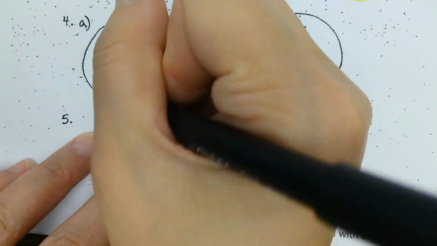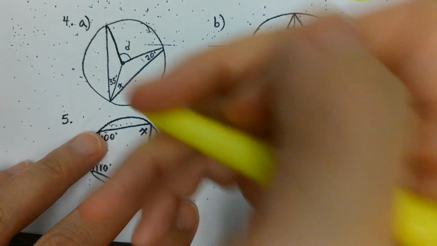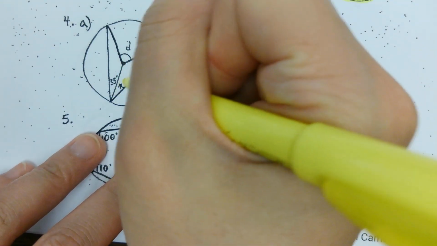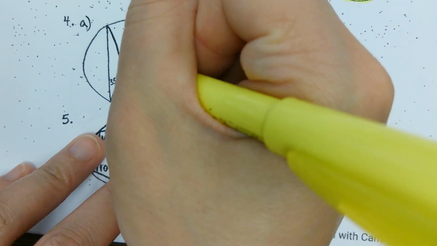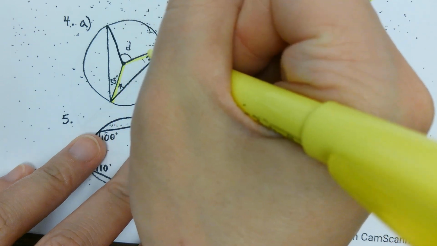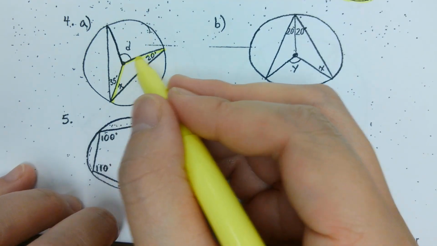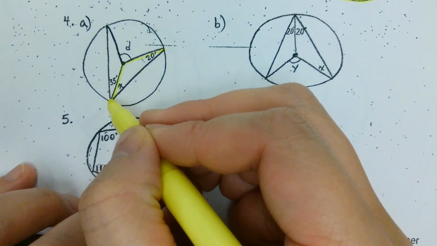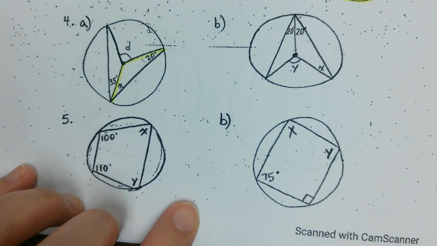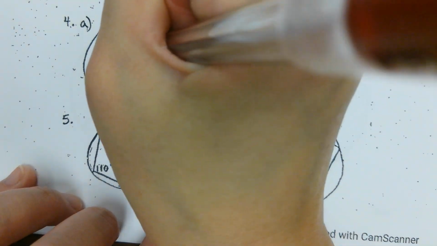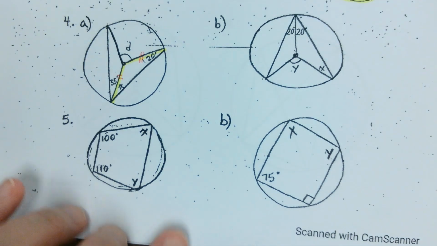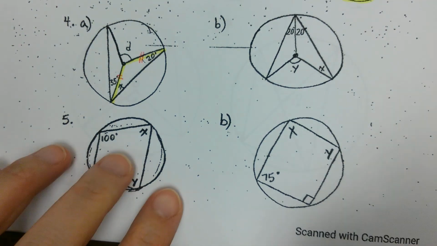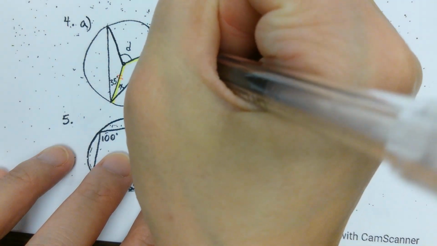Whoa, you guys are so good. How do you guys know? How do you know that this is an isosceles triangle? So this is your radius, which means this is also your radius. So if those two are your radius, that means these two lines are the same. So if this is 20, this is 20.